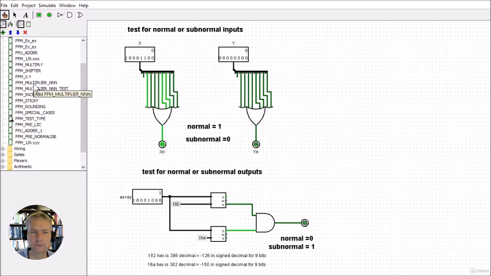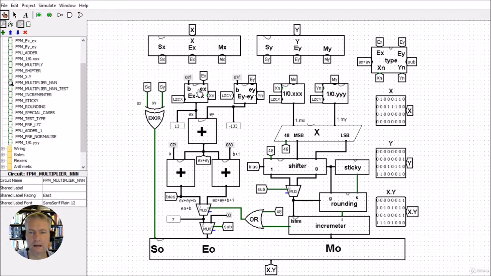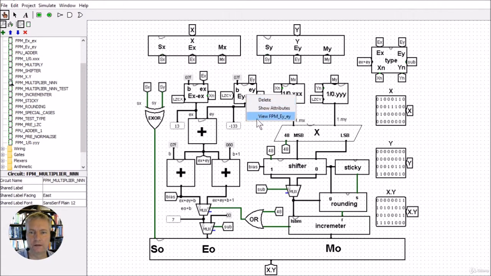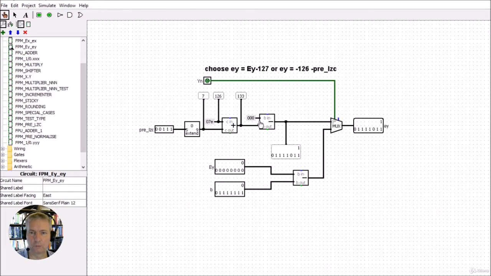So we head into the multiplier again, and when we come in here for the x value, again it's going to choose the normal route, which is this route here, and it will give us our unbiased output. And then when you come into the EY route, the Y one is going to be the subnormal, so it's going to have a 0 on this, so it's actually going to come through this route here.